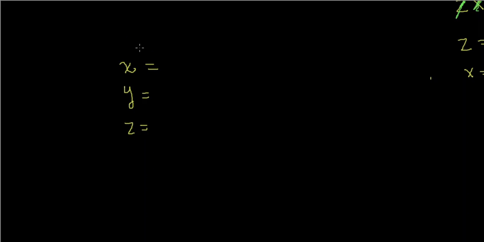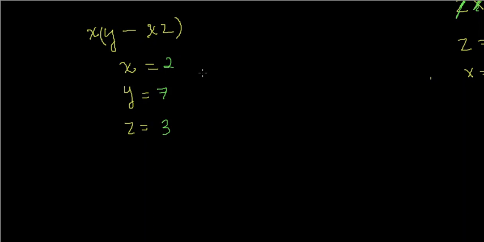And so the expression will be y minus xz times x. So now I'm going to make y equal to 7. X is going to be equal to 2. And z is going to be equal to 3.